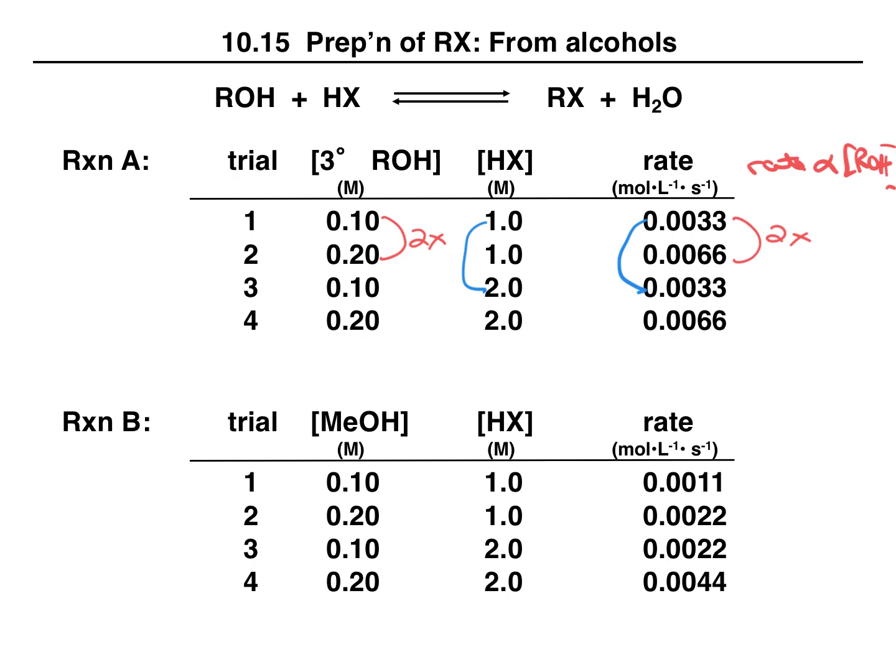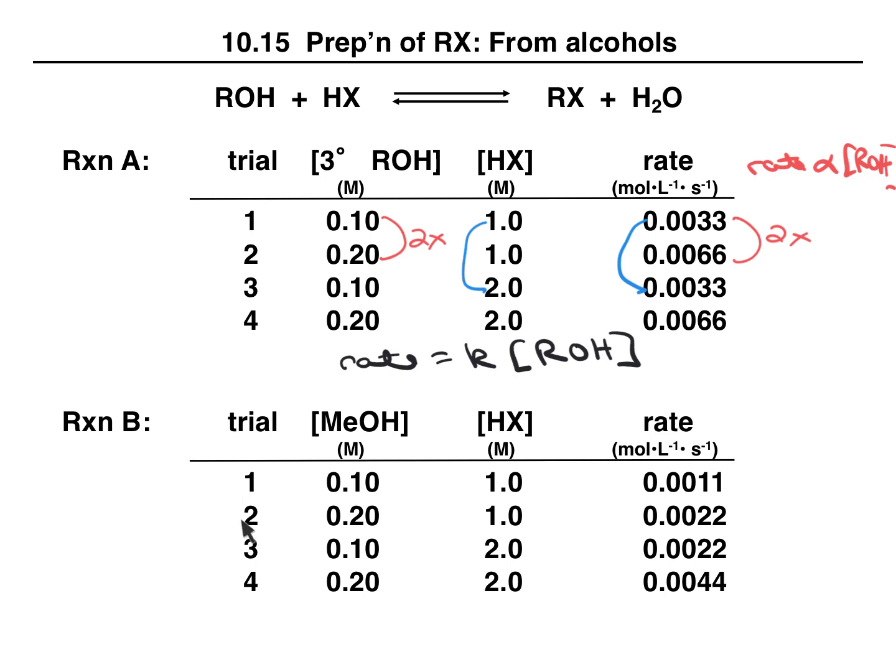So that means that the rate is independent of the concentration of HX. So for a tertiary alcohol, we can say that the rate is equal to some rate constant k times the concentration of the alcohol. But now let's look at reaction B, and here for our alcohol, we're using methanol.